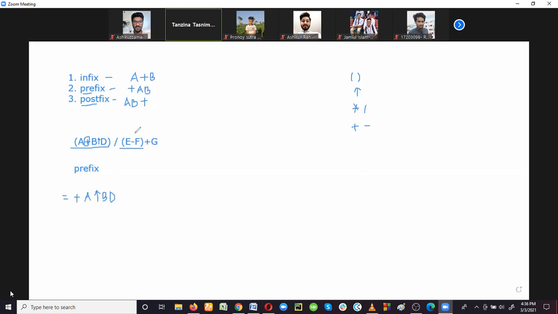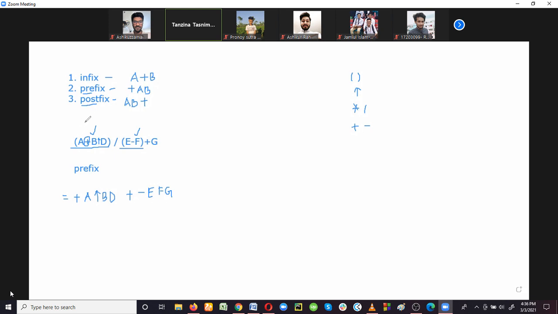Then what about the second portion of the expression, e minus f? Here the operator is minus, right? So we place it before e and f, and then the plus operator is between e minus f and g. So we place plus here, and after that we take the second operand g. Now these two portions of the expression are separated by a division operation.